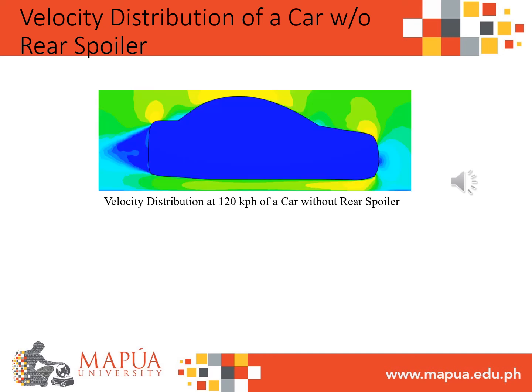When the speed goes to 120 kph, we start to see a little increase in the low pressure zone of our car. This is why the drag coefficient increased from 0.34 to 0.37.